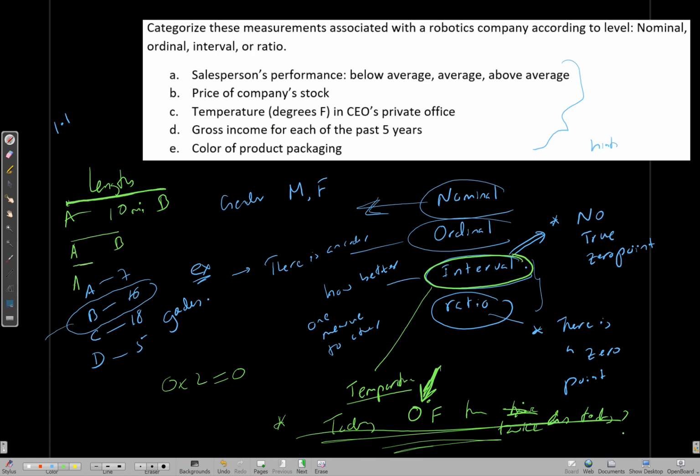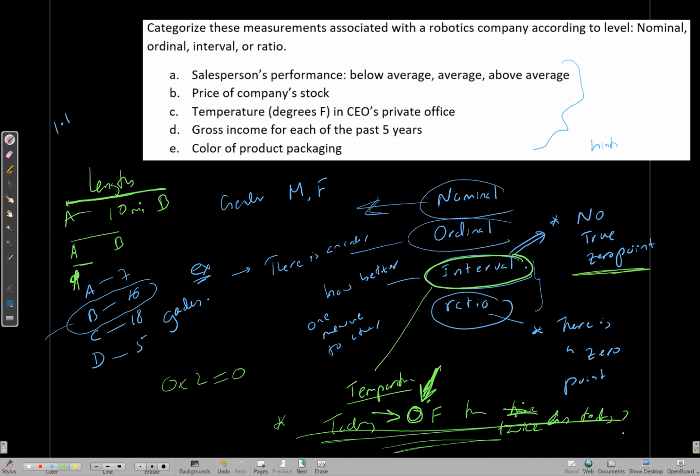If I say 0, A and B are in the same place, there is no distance, which makes sense. So the measured amount, distance, is not there. So it's 0, it makes sense. But when we say 0 degree temperature, it's not the case that you do not feel anything, right? You feel some kind of temperature, but still we have to go with labeling it 0. So no true 0 point. That's a good example.